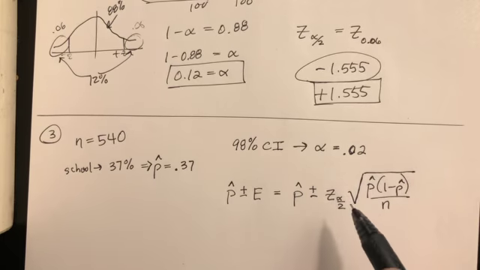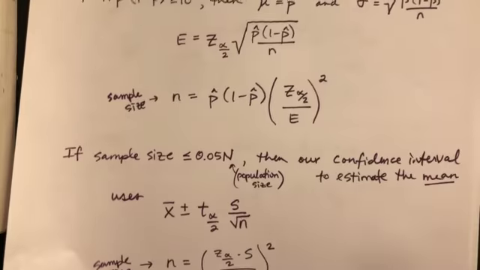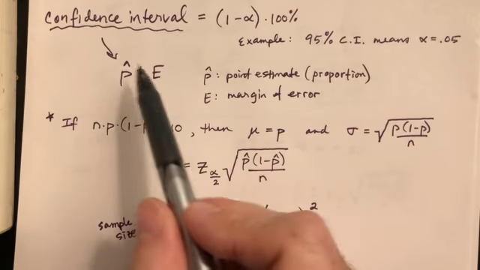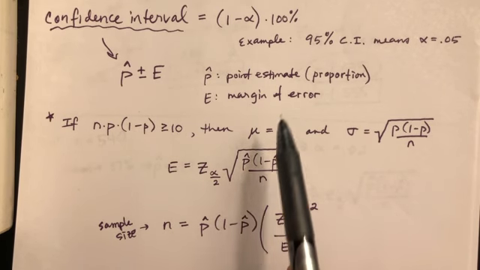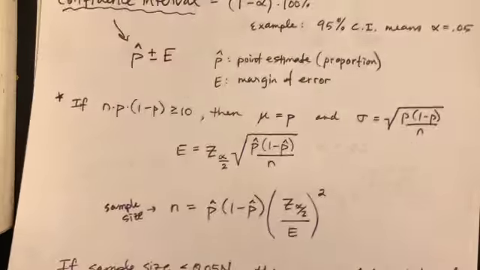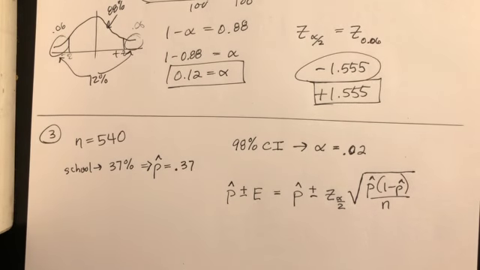So that's the formula that's in your formula sheet right here. That's what your confidence interval should look like, and that's what E is actually equal to, the margin of error, with a proportion, or a point estimate. That's what we're dealing with, point estimates.